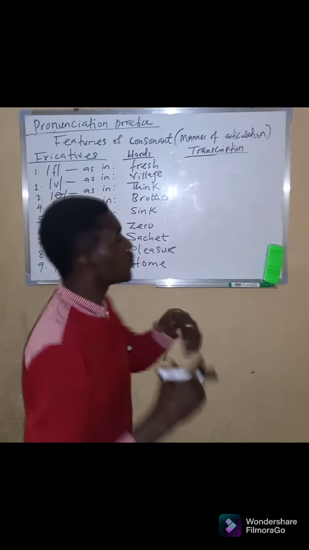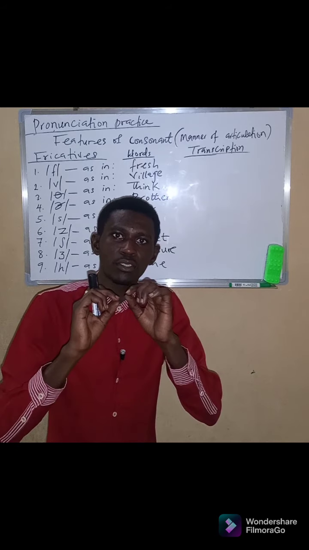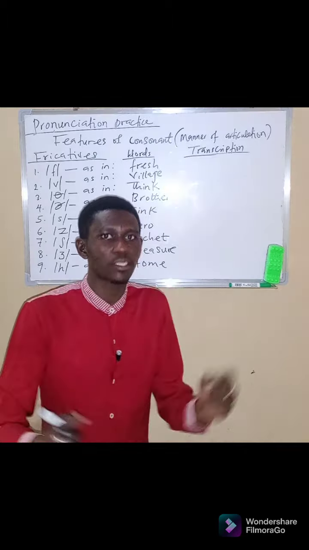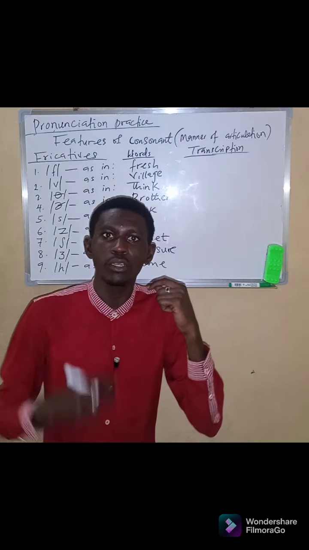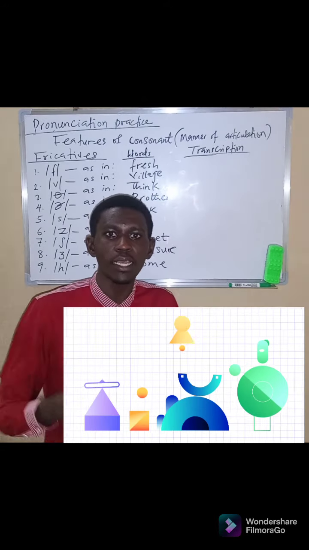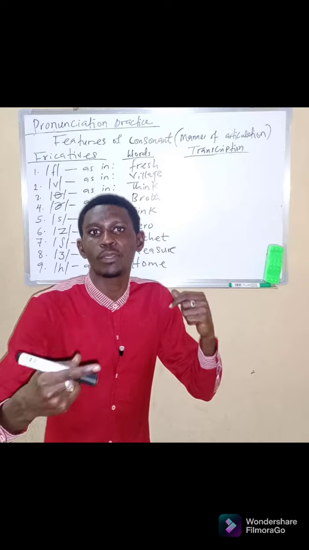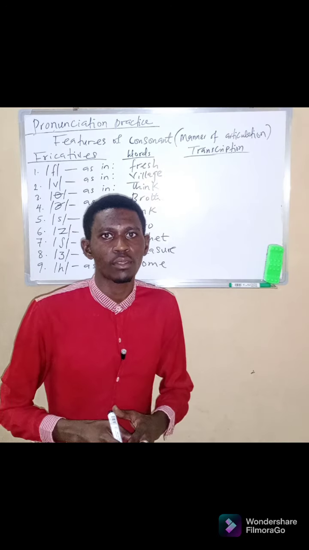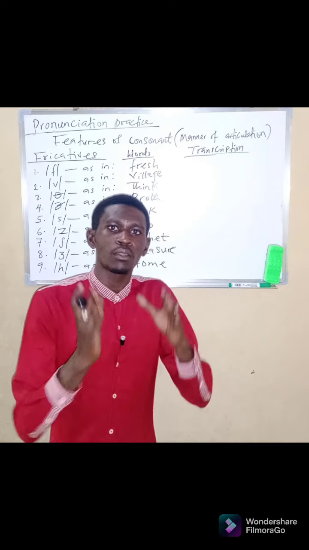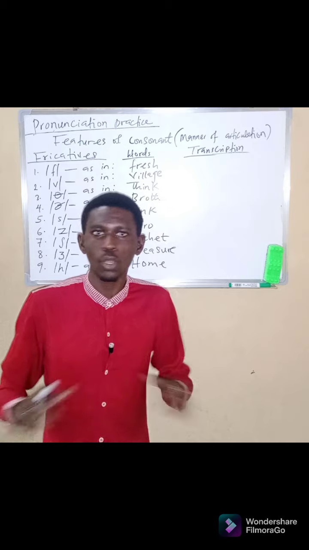And remember I told you, in transcribing a word, the secret or the logic behind it is to always pay attention to what you hear, not what you see. What I mean is the phonetic sound you hear, not the alphabet or letter you see. This is simply because in transcribing a word, the English alphabets are not a guide at all.